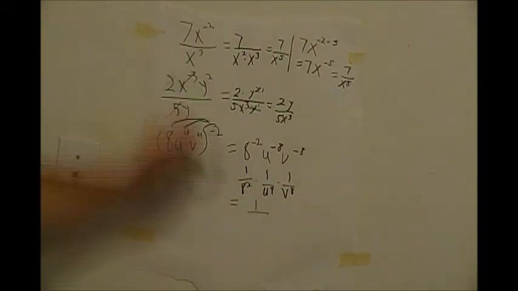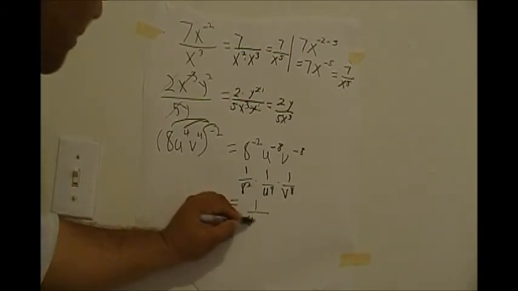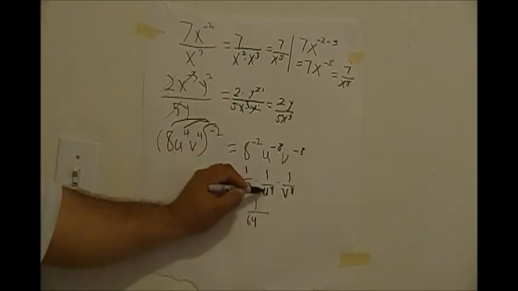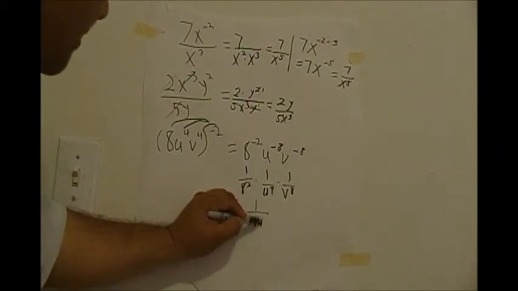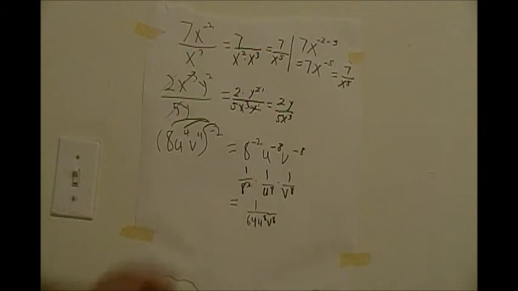We multiply the top parts, and then we multiply the bottom parts. We multiply the numerators and then the denominators. What's 1 times 1 times 1? 1. So it'd be 1 over, what's 8 squared? 8 times 8 is 64. And then times u to the 8, so just copy u to the 8, and then v to the 8. So your final answer should just be 1 over 64 u to the 8 v to the 8, like that.